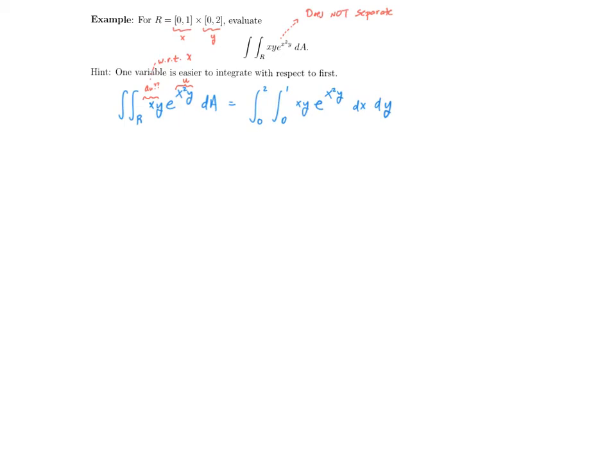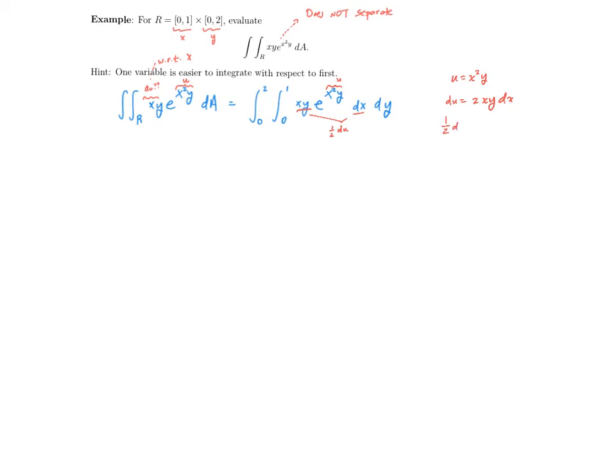So doing our work to the side, we're going to let u be x squared y. Du would be 2xy dx. And looking at our integrand, we have a u. This xy and the dx are going to combine together to be 1/2 du.